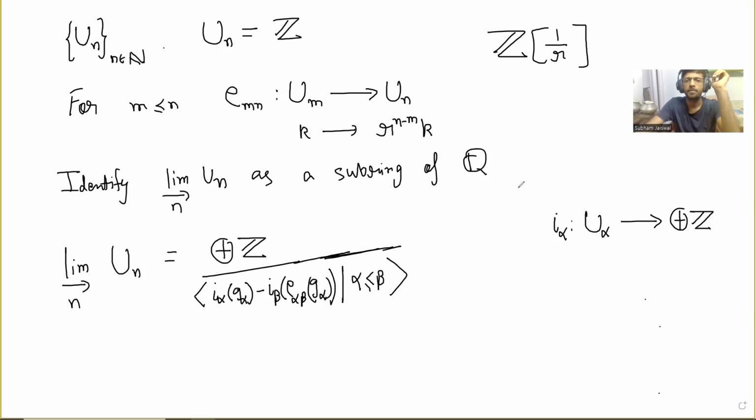So if you have n1, n2, till nK, then where do you want to send this?